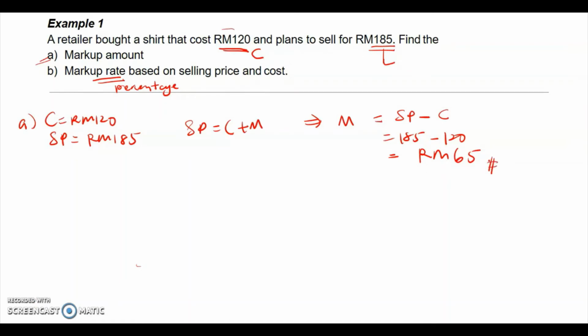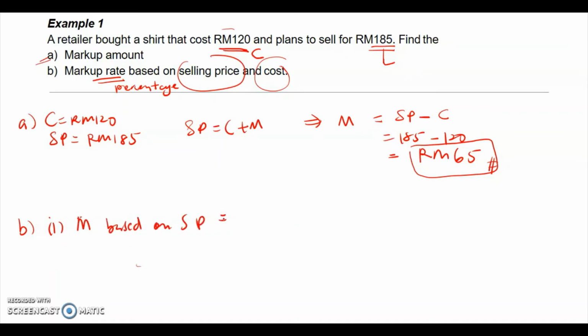Okay, next question. Find the markup rate, markup percentage. That means you want to know this 65 ringgit is equal to what percent? The question asks you to find the markup rate based on selling price and cost price. First, markup based on selling price, the formula is M divided by SP multiplied with 100.